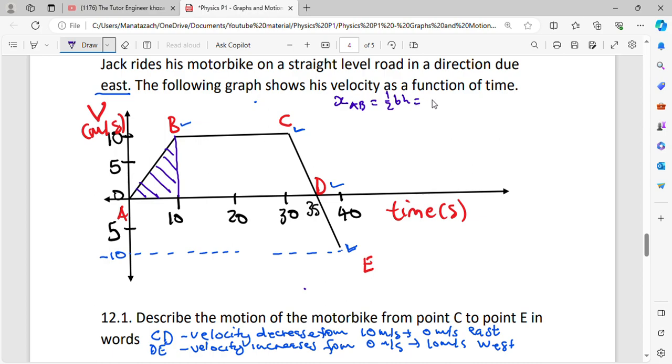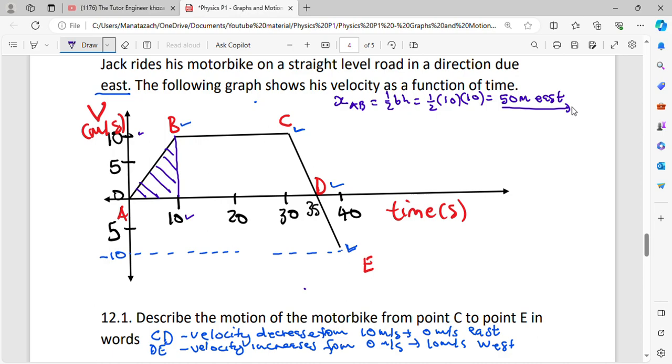Since that one is a triangle, our base is 10 seconds, and then our height is 10 meters per second. So this will give us 10 times 10 times half, which is 50. Since displacement is a vector quantity, you're going to say 50 meters east.